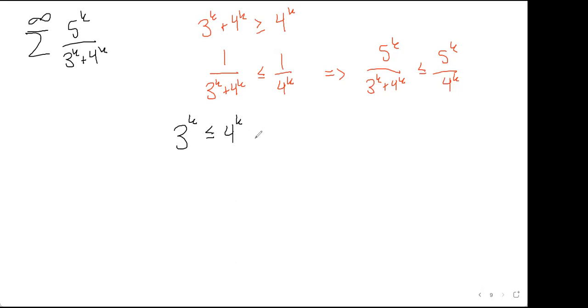Add 4 to the k to both of these. So 3 to the k plus 4 to the k is less than or equal to 4 to the k plus 4 to the k. And that is 2 times 4 to the k.